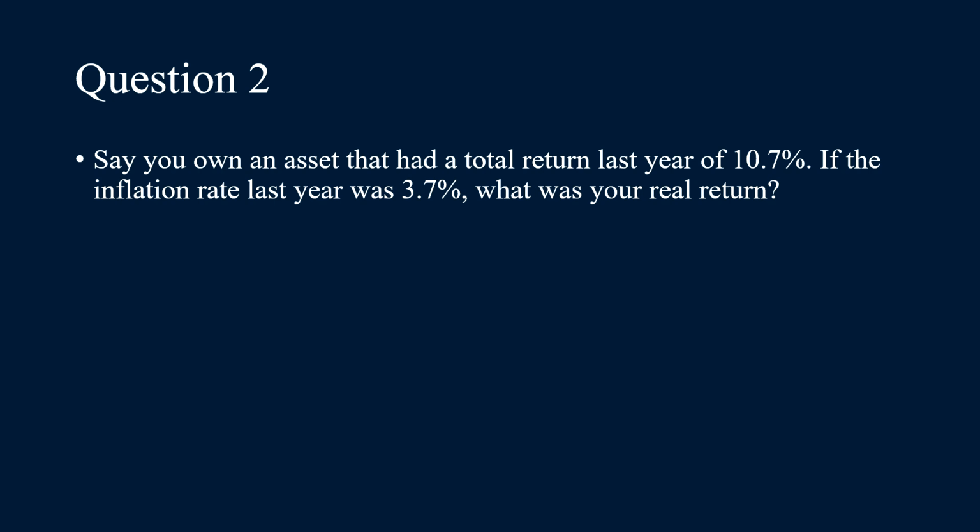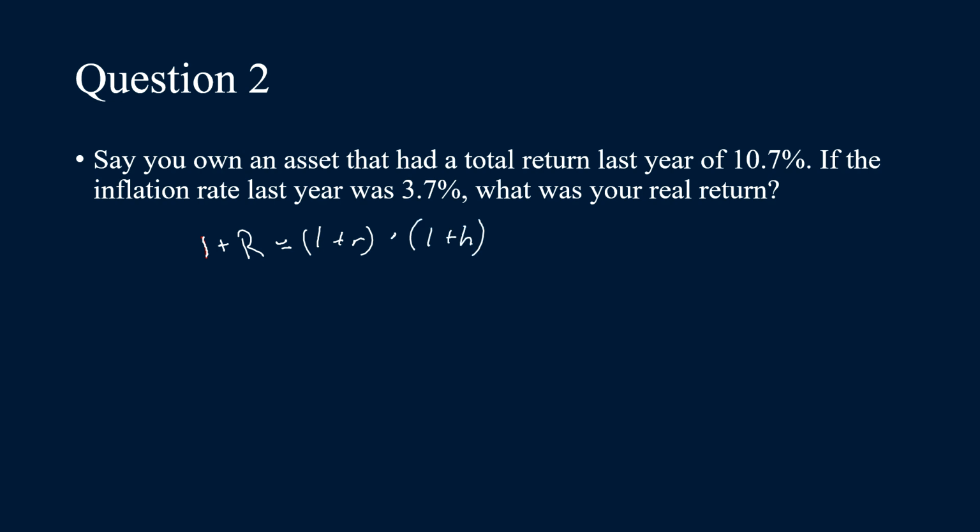So we're going to set up the formula again. All right. So we have 1 plus R equals 1 plus small r times 1 plus h.